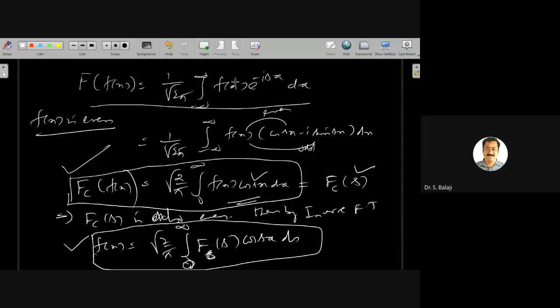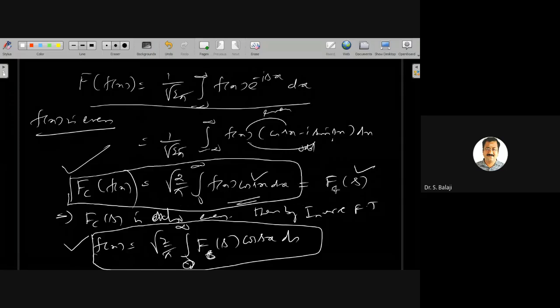Similarly, f of x is odd. Odd means this is an odd function, and you can get the sine relation. Because we are going to treat it as a transform here, we remove that i and consider only the integral part, f of x sin sx.